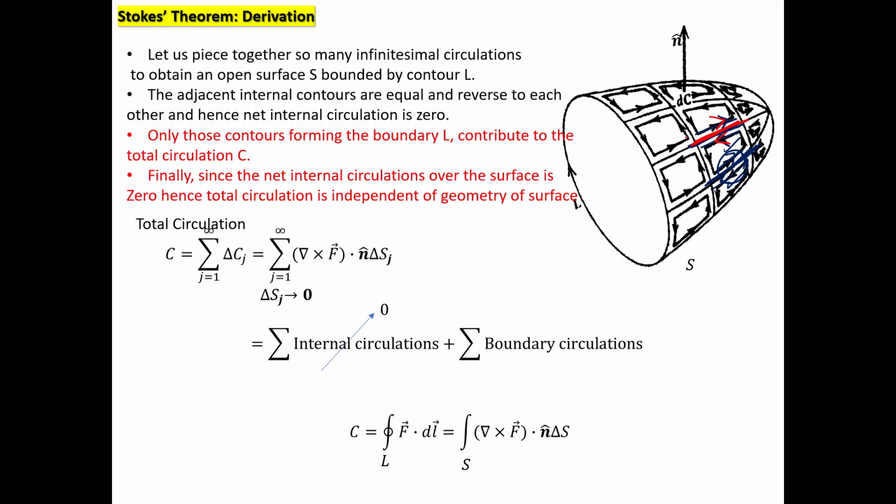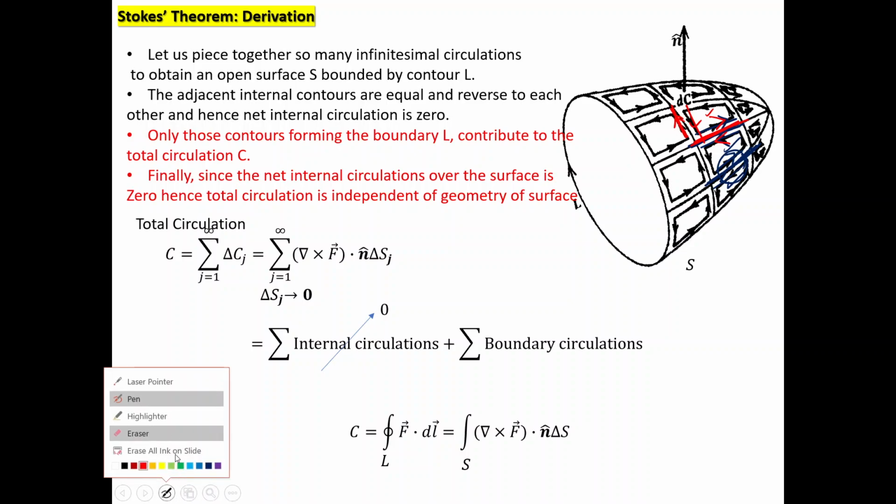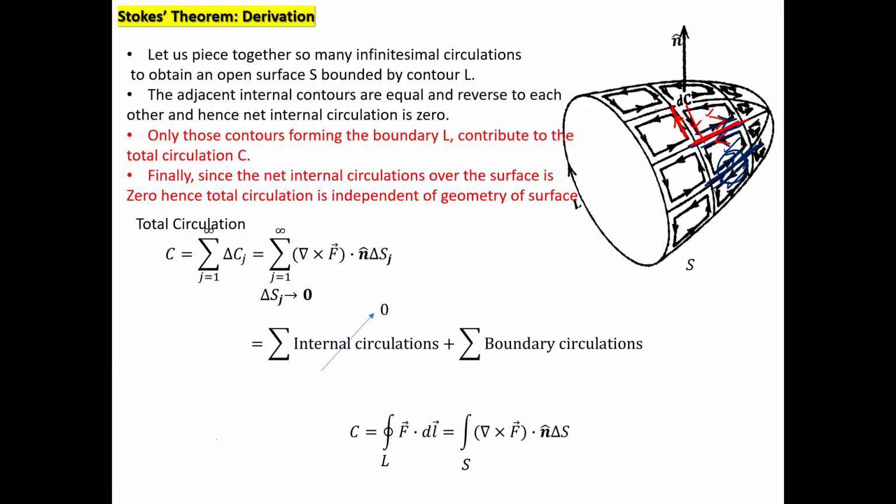Once again, see here, this is the direction for circulation, and for this loop, this is the direction of circulation. So the net circulation is 0 along this path.